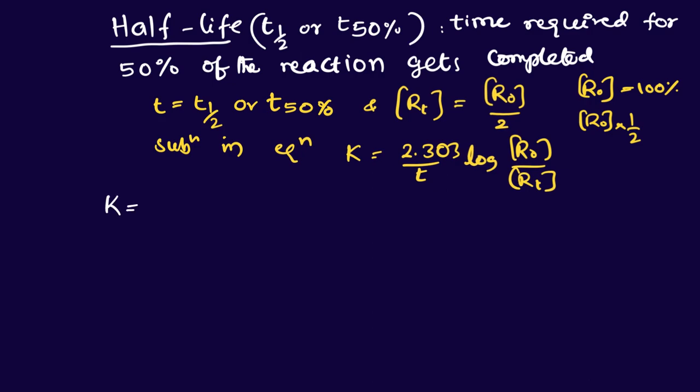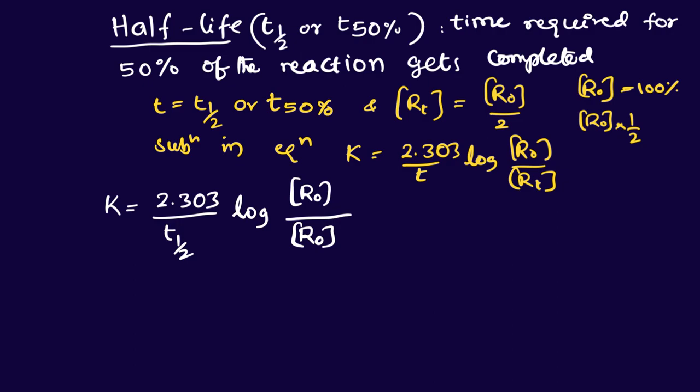K is equal to 2.303 by time, in place of time we can write T half. Log only R naught concentration, and R at T time concentration can be represented as R naught by 2. 2 goes in the numerator. Therefore, now R naught cancels.